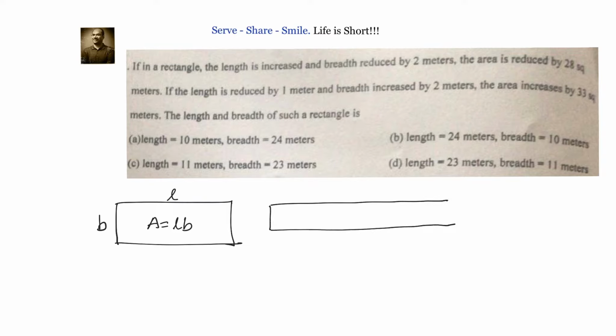So I have length increased by 2, L plus 2, breadth reduced by 2, so B minus 2. In that scenario, the area is reduced by 28 square meters. Area will become A, whatever we have earlier, minus 28.